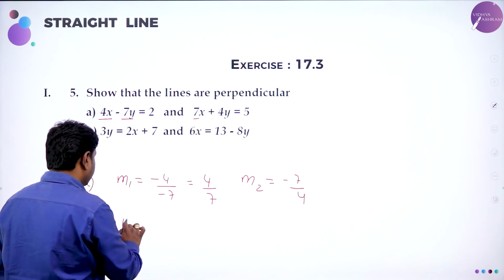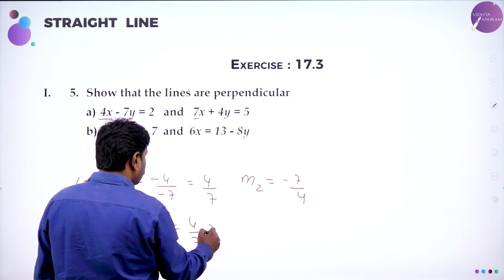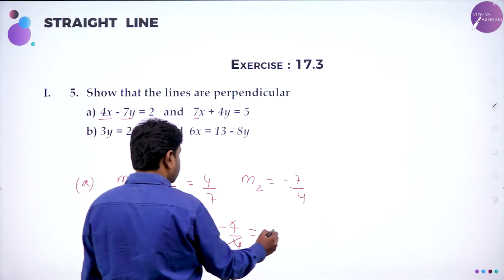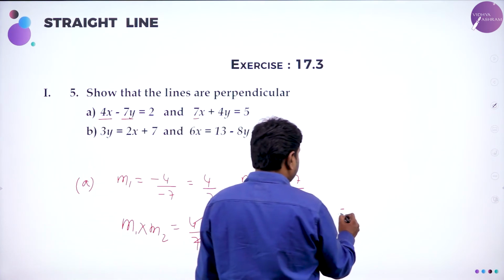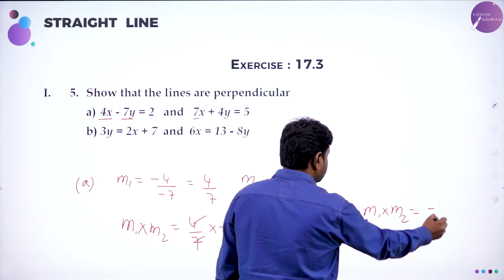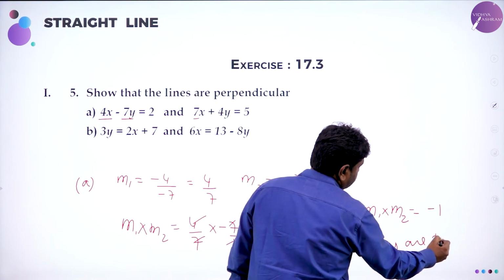So now perform m1 into m2. m1 into m2 becomes 4 by 7 into minus 7 by 4. 4 4s cancel, 7 7s cancel, minus 1. So m1 into m2 is how much? Minus 1. Therefore lines are perpendicular.